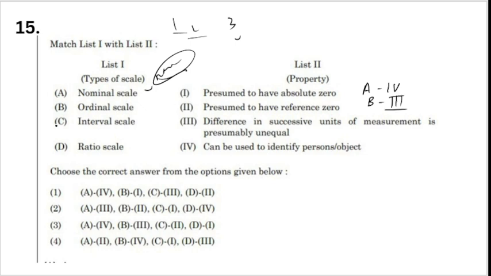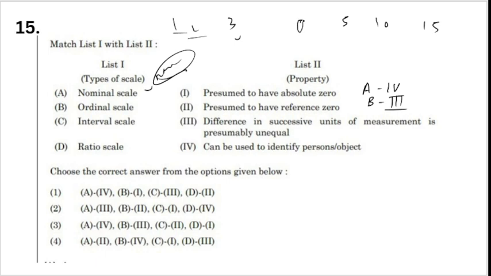Okay. C, interval scale. What is an interval scale? Interval scale is when we do not have an absolute zero. For example, I have 5, 10, 15, or temperature, you can say.